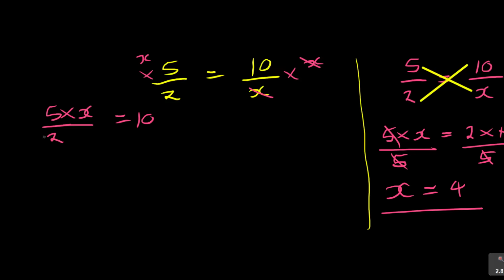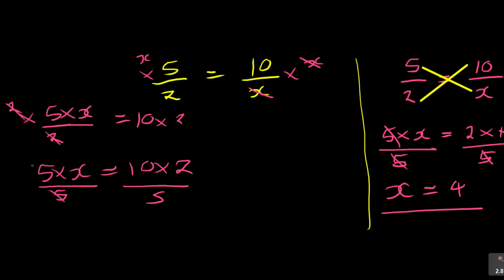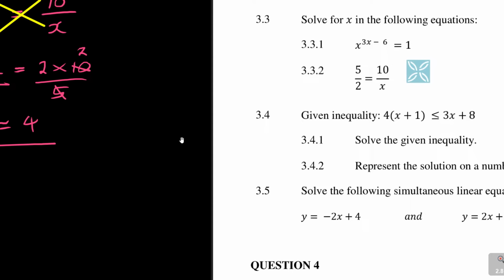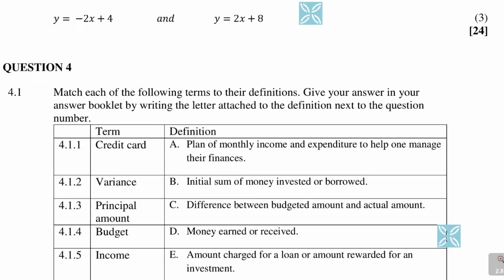Then the 2 again, you can do the same thing, times 2 times 2, then that goes. So you've got 5 times x is equal to 10 times 2. 5 times x, divide by 5, divide by 5, still the same thing. X is equal to 5 goes into 10, 2 times 2 is 4. It's up to you, but it's the same thing.